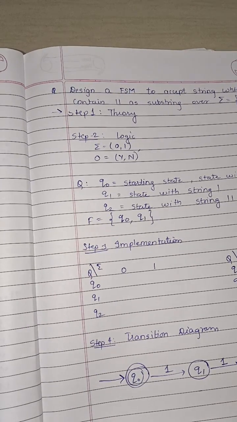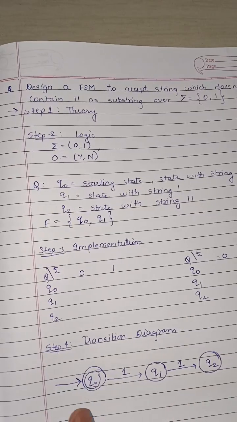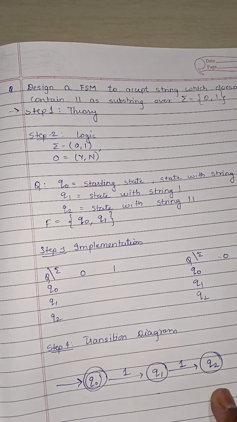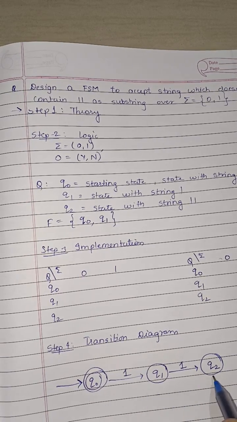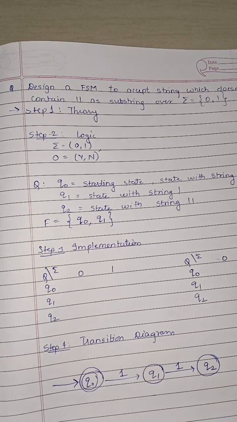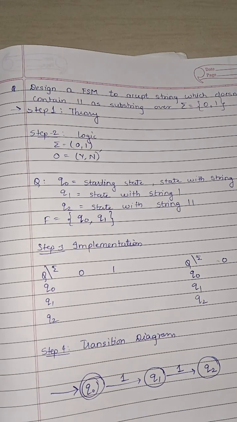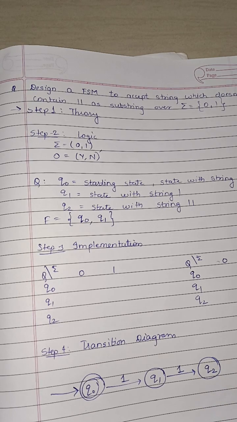We have to not accept the string if it contains 11. That's why I have taken 3 states. If the condition goes to the Q2 state, it means the string contains 11 as a substring, so I do not have to accept the string.